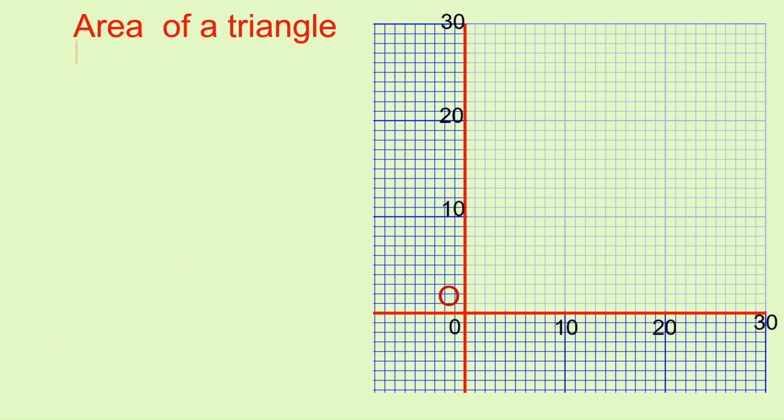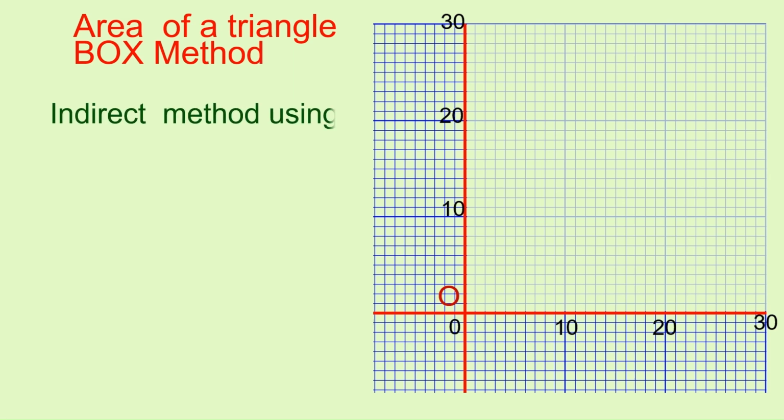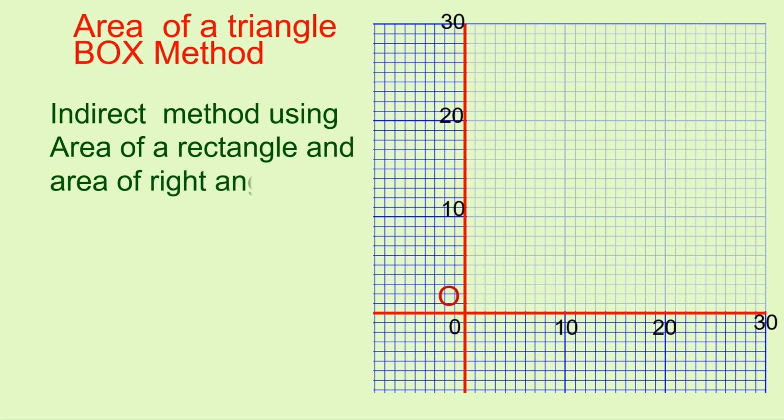The area of triangle by box method. This indirect method uses the area of a rectangle and the area of right-angled triangles.